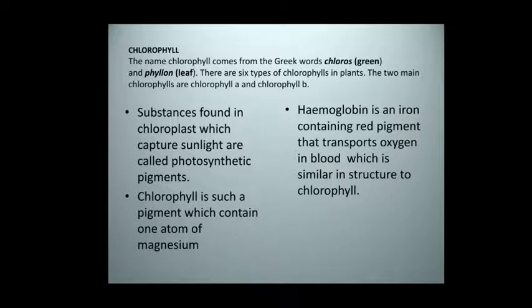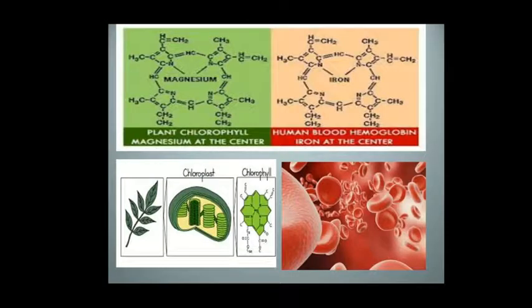Both structures are similar, but there is a difference in the elements: chlorophyll consists of a magnesium atom, and hemoglobin consists of an iron atom. Here you can find both structures. At the center of chlorophyll is a magnesium ion, and at the center of hemoglobin is iron. Both structures are similar, but the functions are different.